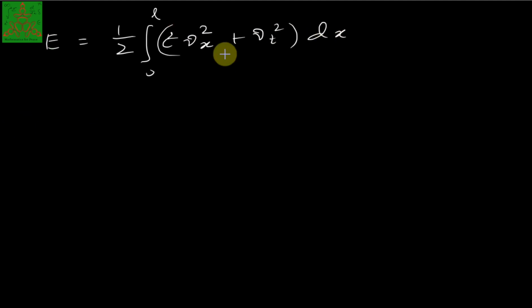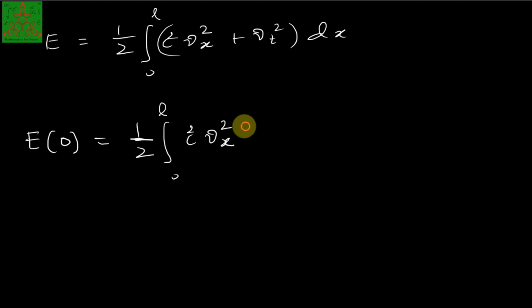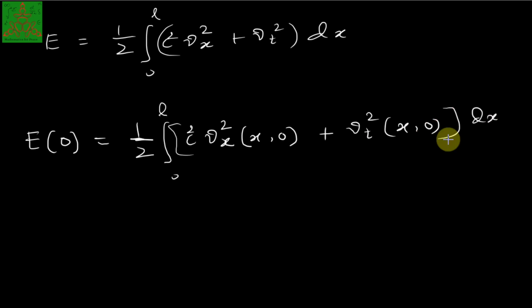Now this E is actually a function of t. So what is E(0)? E(0) will give me 1/2 integral from 0 to L of c² Vx² at (x,0) plus Vt² at (x,0) dx.